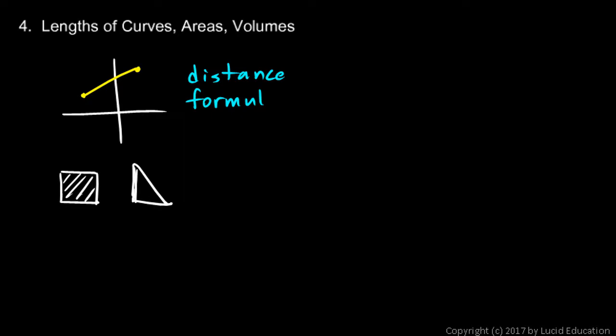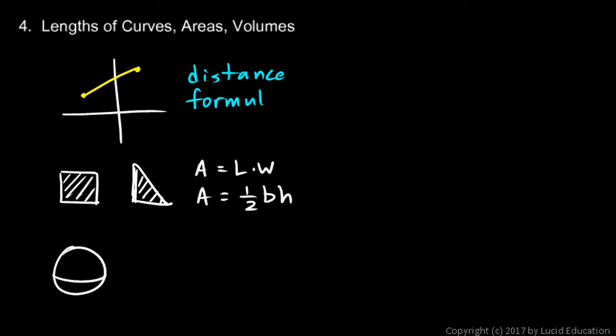to calculate the area. The area could be the length times the width, or it might be 1/2 of the base times the height. Or there are certain three-dimensional shapes that we can calculate. A sphere, for example, a three-dimensional solid sphere, or a cylinder.